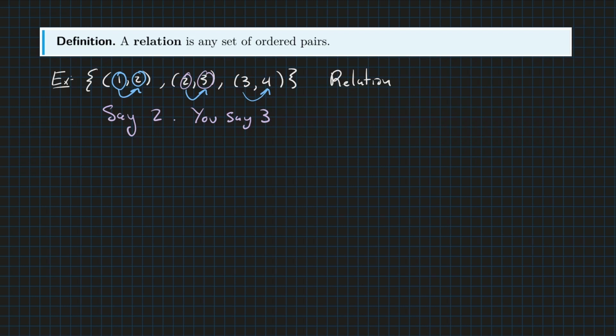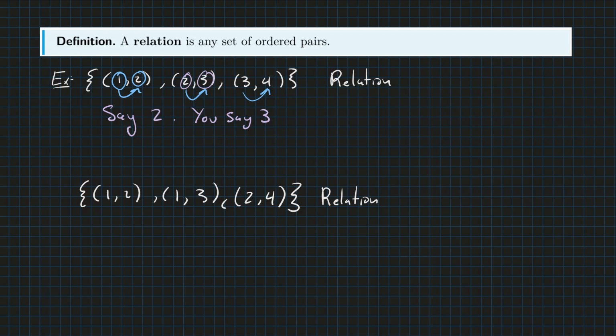Another example with this set of ordered pairs idea, we have, say, (1, 2), (1, 3), and let's say (2, 4). It's a variation on the first one. This is still a relation, but what has changed? If I say 1, what do you say?